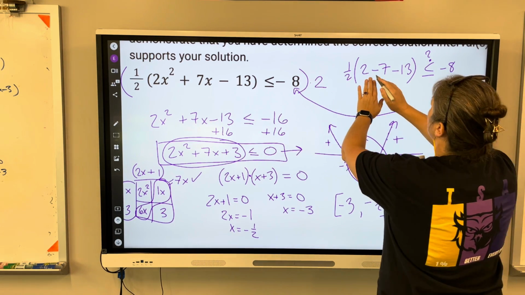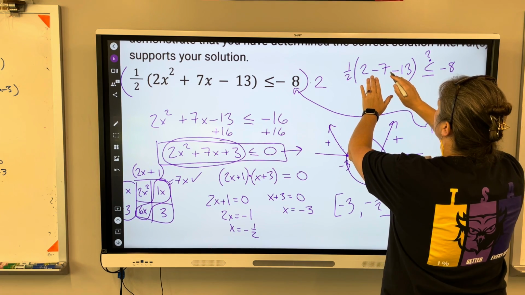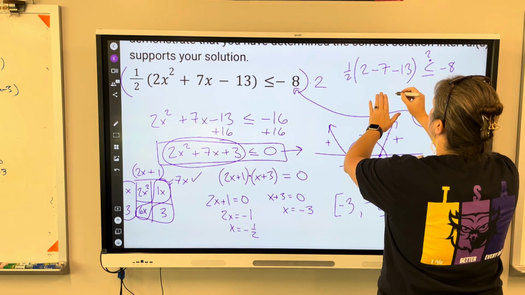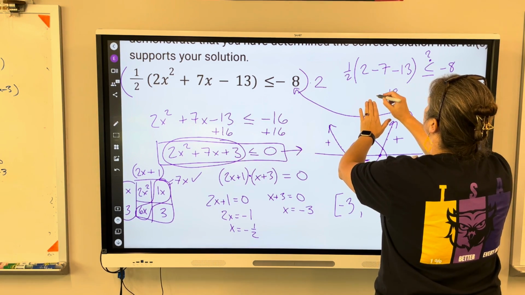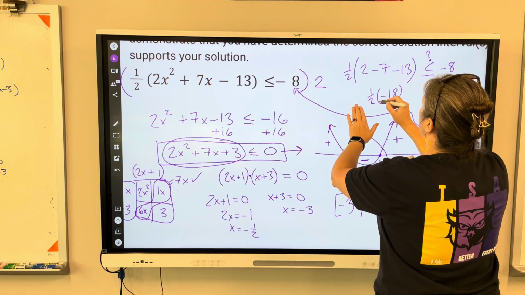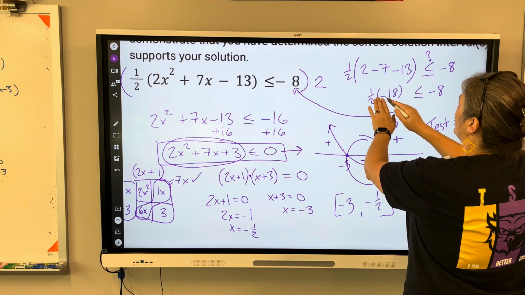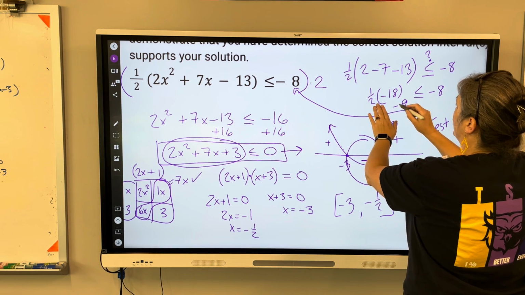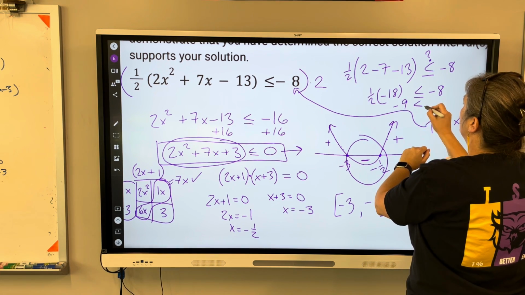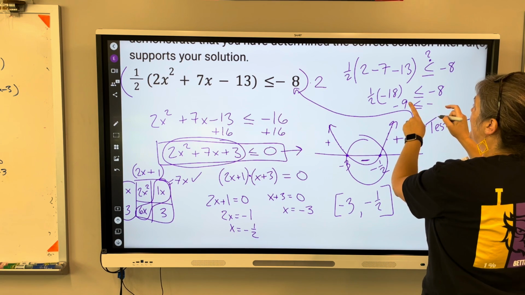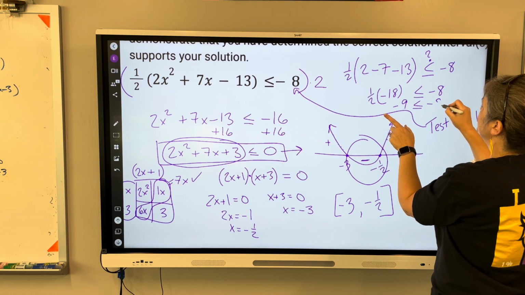Okay, so 2 minus 7 is -5, minus 13 is -18, and that times 1/2, is that less than or equal to -8? Well, this is -9, half of -18. That is in fact less than, or to the left of, -8.